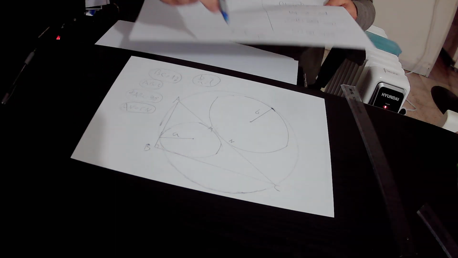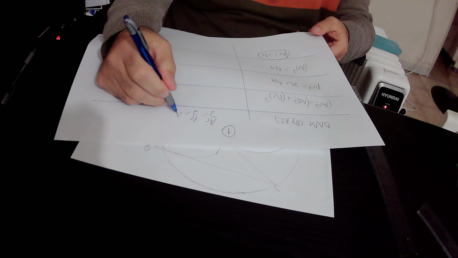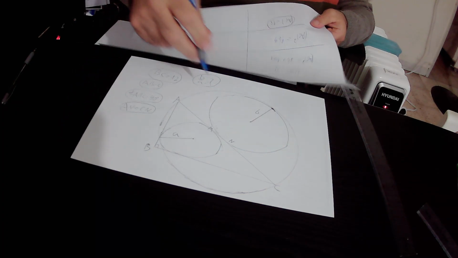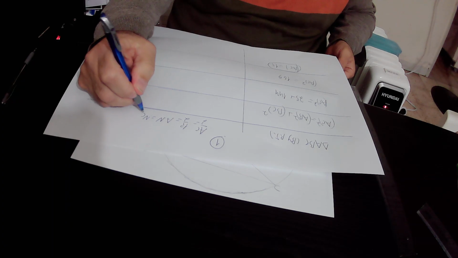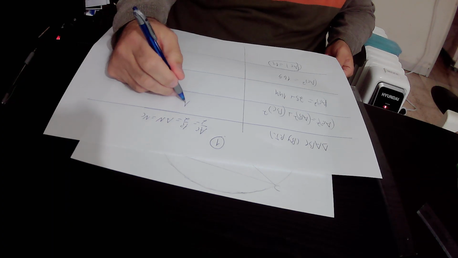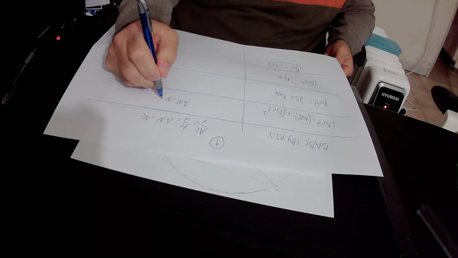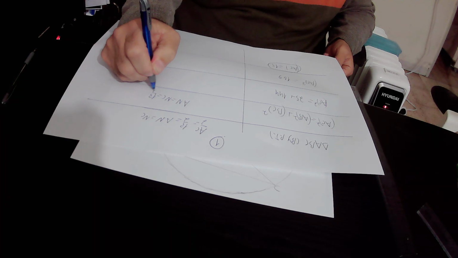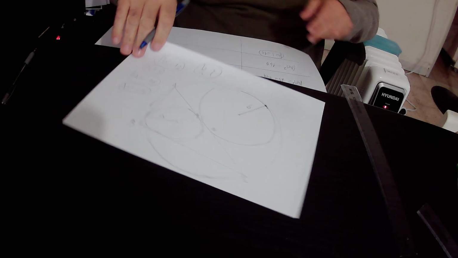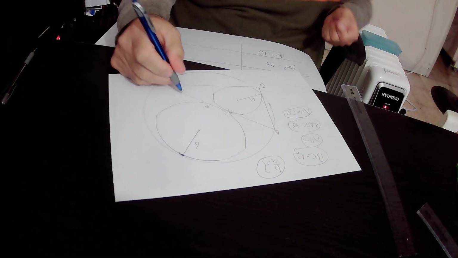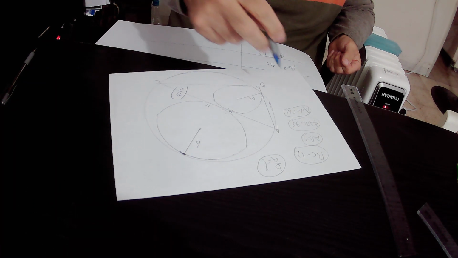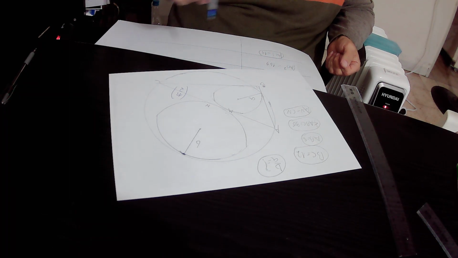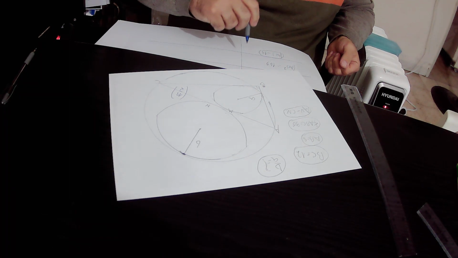So AN equals NC equals 13 over 2. You can write down here that the length of line segment NC is 13 over 2, that is the second half of the hypotenuse AC, which is 13. Okay?